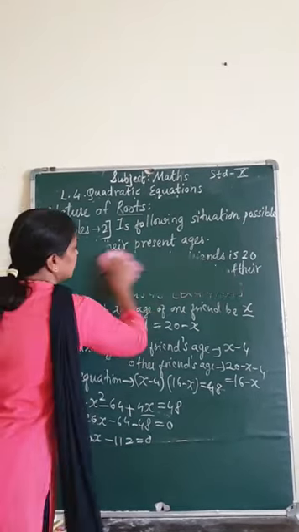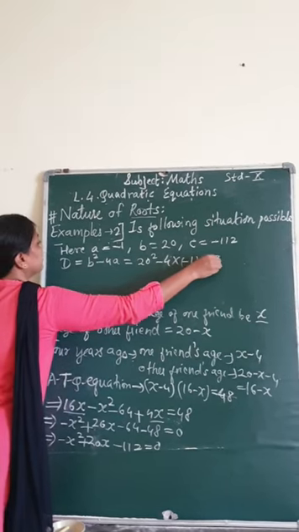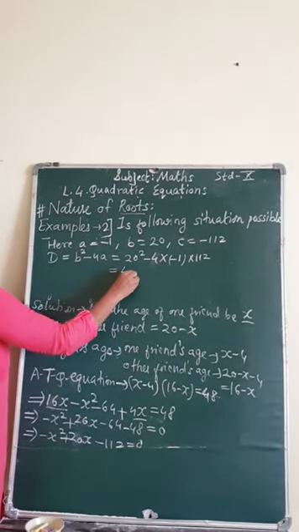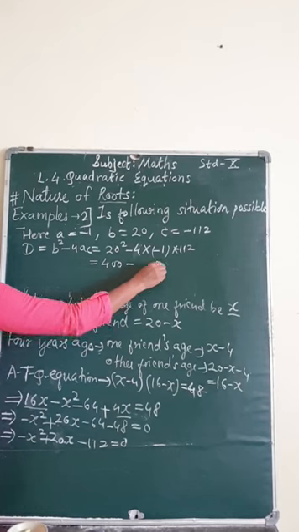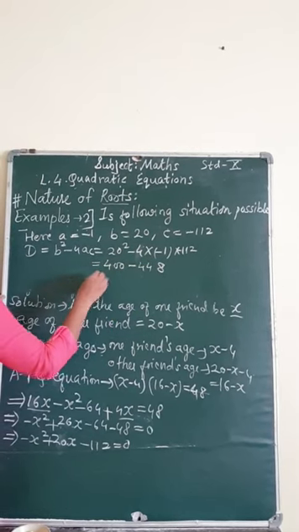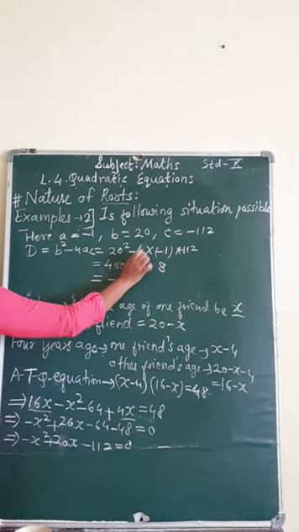That gives us 20 square minus 4 into minus 1 into minus 112, so 400 minus 448, which is minus 48.